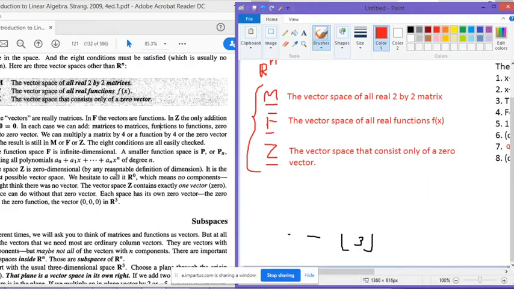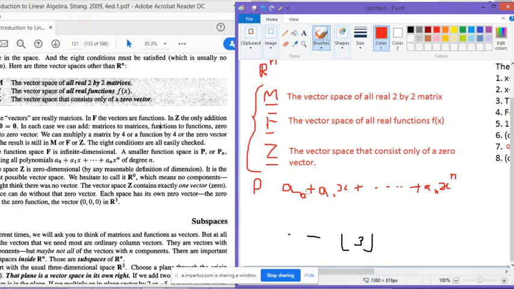So the function space F is infinite dimensional. A smaller function space is denoted as P or Pn, consisting of all polynomials, for example a0 plus a1x plus and so on plus an x power n, of degree n.